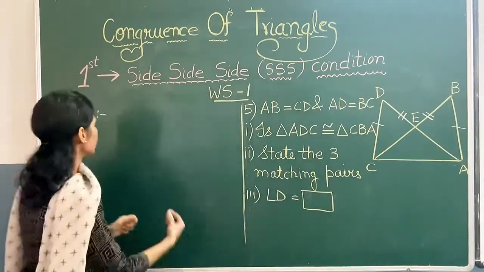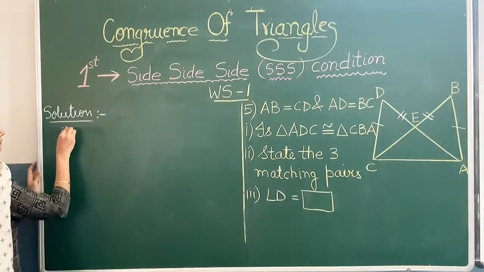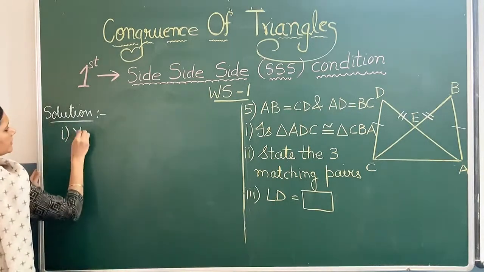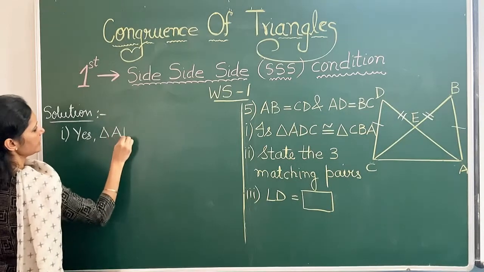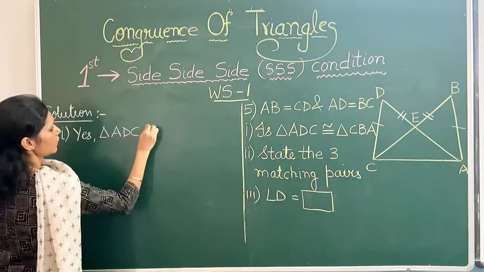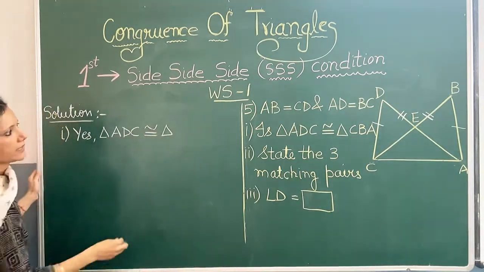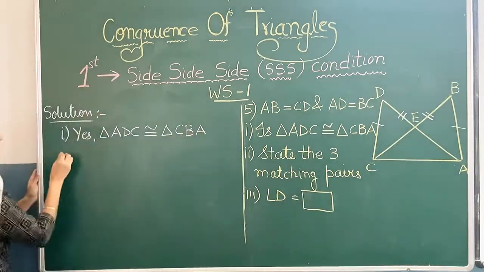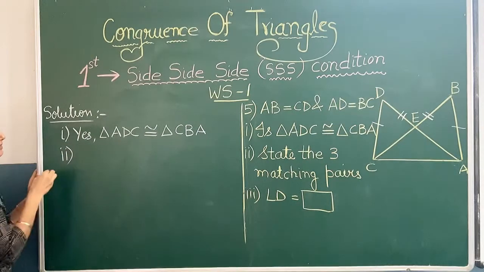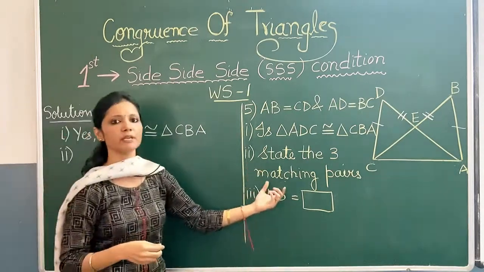So let's write down the solution for the first part. Yes, triangle ABC is congruent to triangle CBA. Now the second part of the question is again the same. We have to mention the three matching parts.